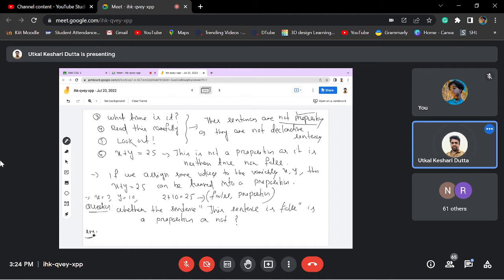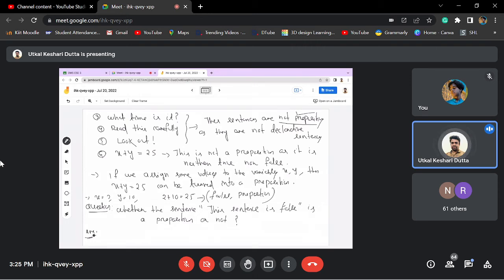These types of declarative sentences are more confusing. The truth value of this sentence contradicts itself. Take "this sentence is false." I am taking that the truth value is false. That means this sentence must be true.